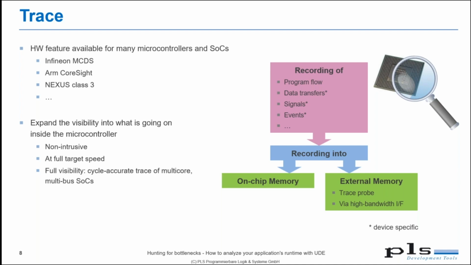You can observe the execution of your program code. That includes, of course, the functions, and if there's an operating system in place, also the tasks of your operating system. Or you can look at data transfers into the memory, or if you have a very powerful trace system available, also onto the system buses.